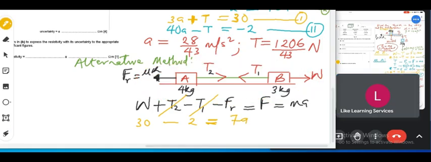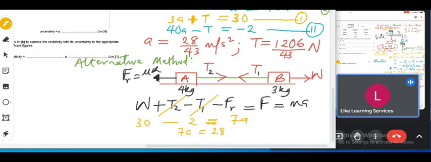So 7A. Let's find A. So 7A is equal to 30 minus 2, that's 28. So A is what?